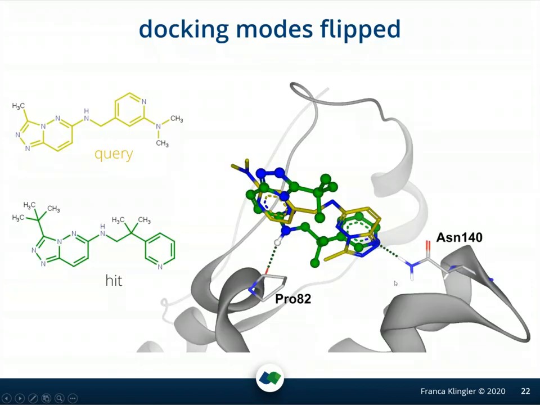And when you look at those docking modes, you will actually see that they flip completely around in the docking mode, because the distance between this nitrogen in the ring and your heterocycle is suddenly in the right position to attach to two backbone or to two amino acids in the protein, therefore bringing up a completely new hydrogen bond and therefore most likely being active, whilst the first molecule was able to only build one hydrogen bond here and therefore not being really active on the target.